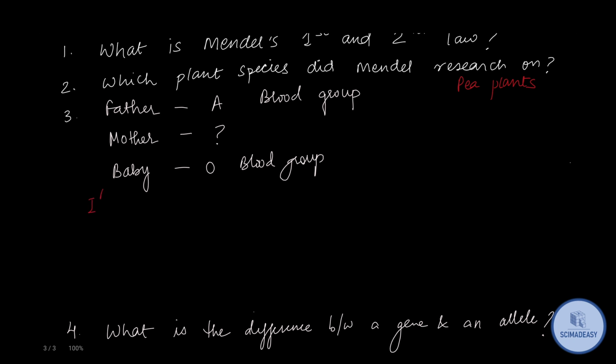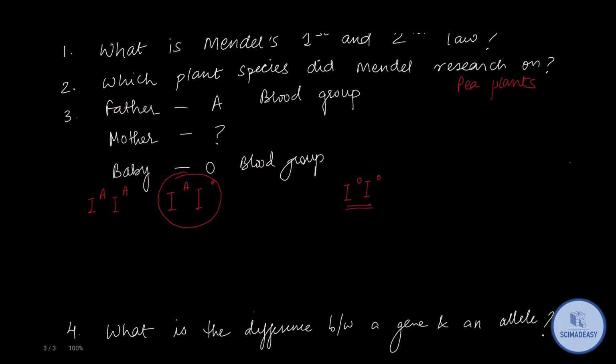If the father is A, it could be that the father is this combination or the father is this combination. However, the baby has to be this combination because O is the recessive one. In order to have this, the dad must have an O.